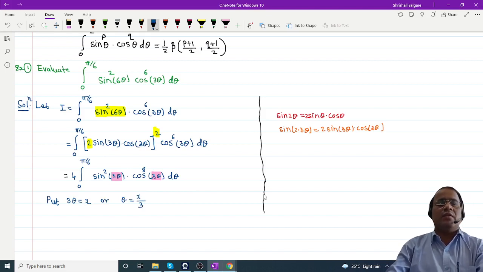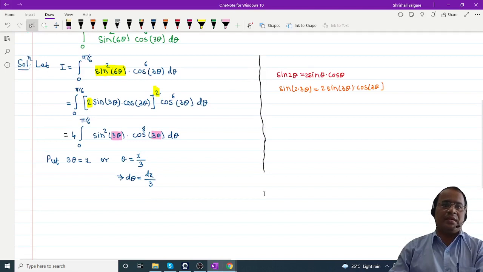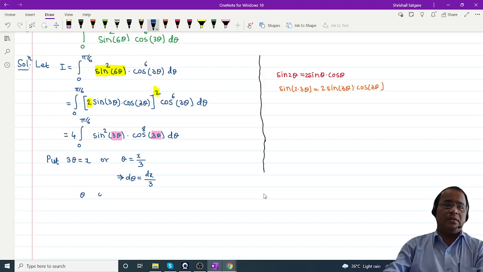So what I am doing here, I am converting the variable theta to x. So differentiate both sides. This d theta is given by dx upon 3. Okay, I will scroll a little bit. Therefore, no, before that, limits. Given limits for theta are 0 to pi by 6. New limits for x.